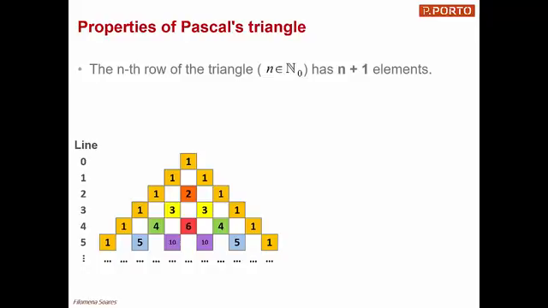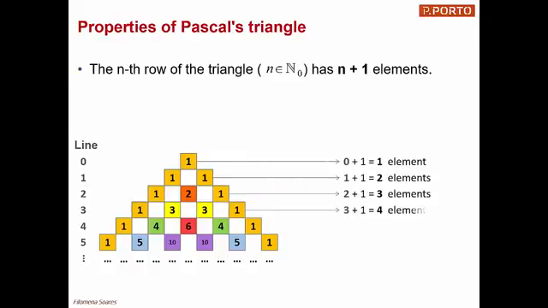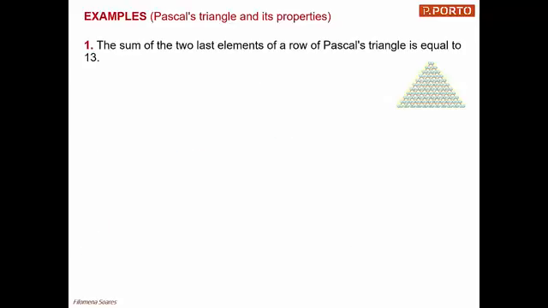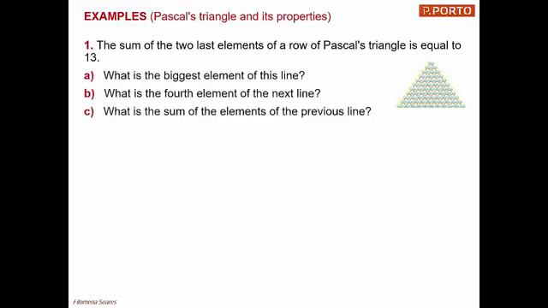Quickly, we may count that in the nth row of the triangle, we have n plus 1 elements. It's easy to count that every line has one more element than the order of the line. So let's see some examples, and in the first one we have 3 questions.